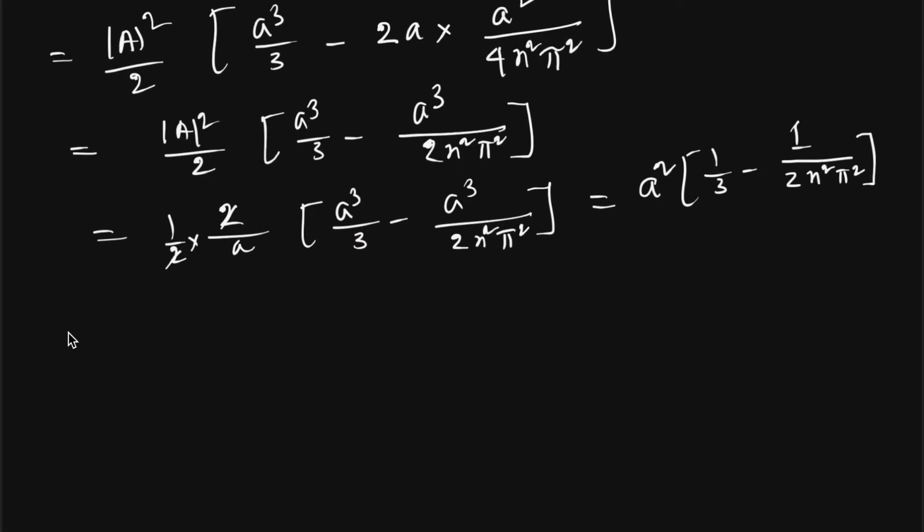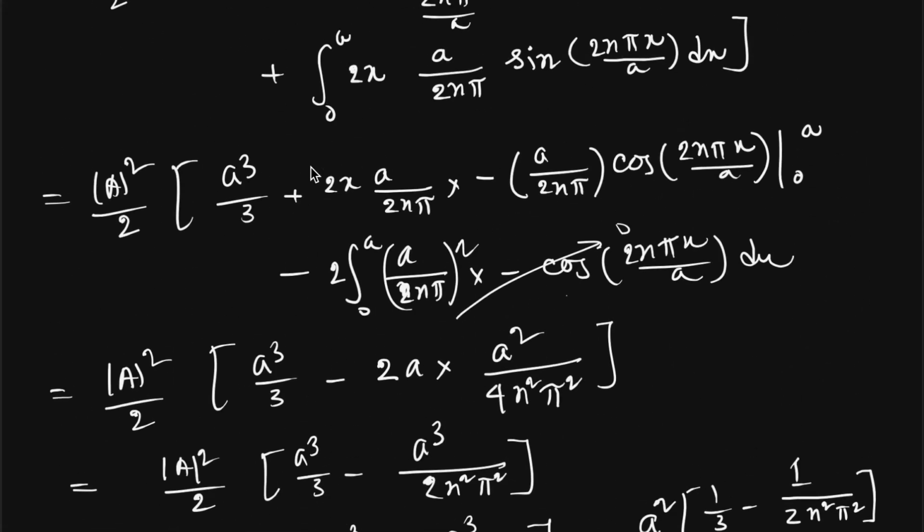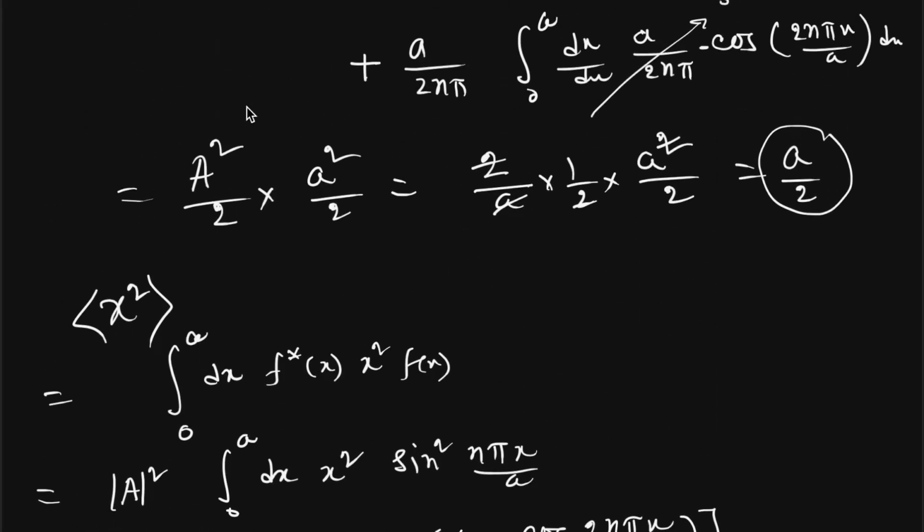So what is the dispersion? Delta x squared is the expectation, which will be a² times (1 by 3 minus 1 by 2n²π²), minus the expectation value of x squared.